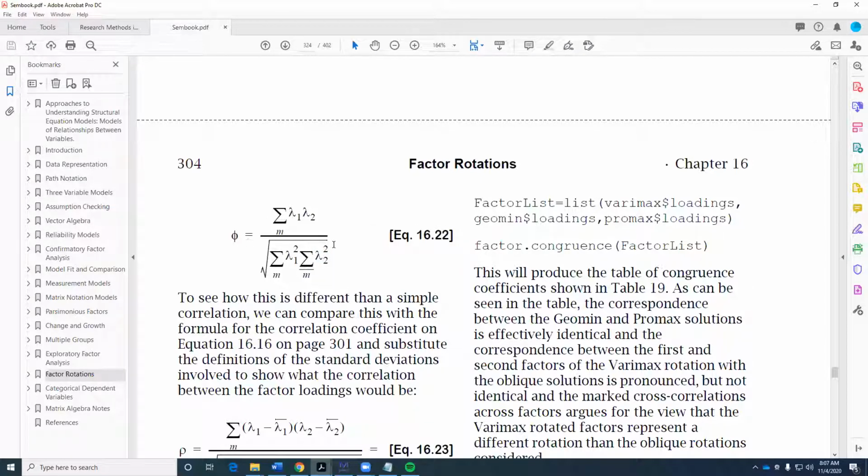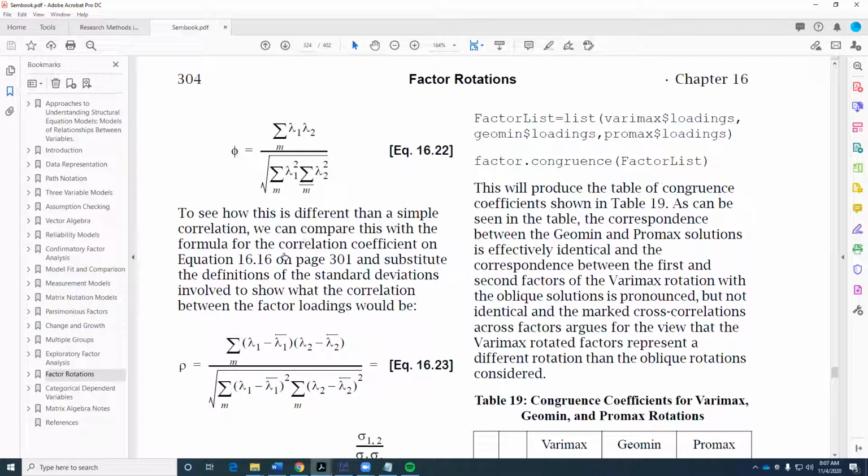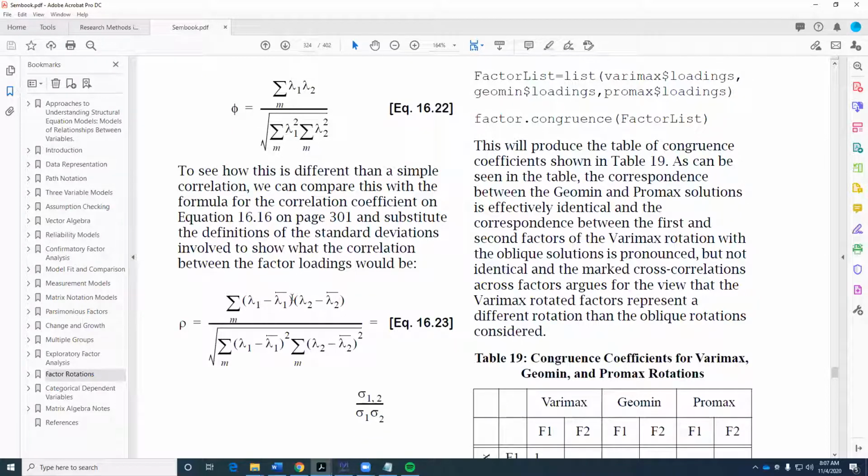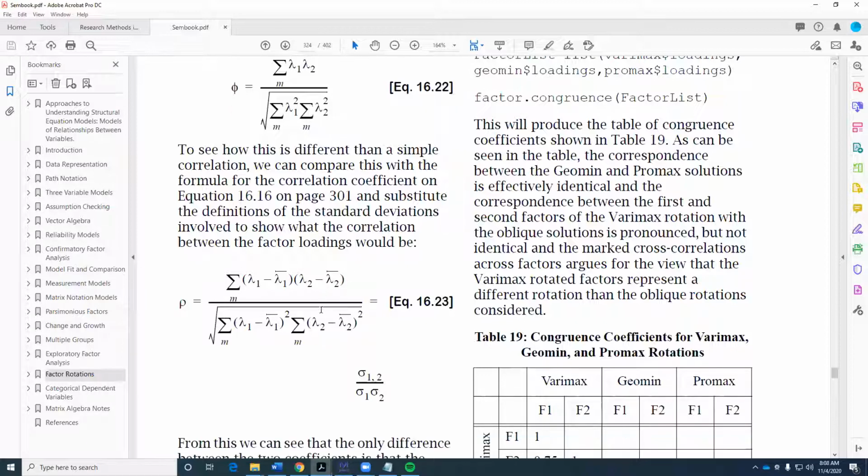Now, if you're looking at that, that kind of looks a little familiar because when we were talking about a correlation coefficient, that was the covariance divided by the standard deviation of x, standard deviation of y, or in other words, the square root of the variance of x, variance of y. And if we go back to our formula for the correlation coefficient and we stick in the definition of the correlation, we can kind of see that a little bit better.